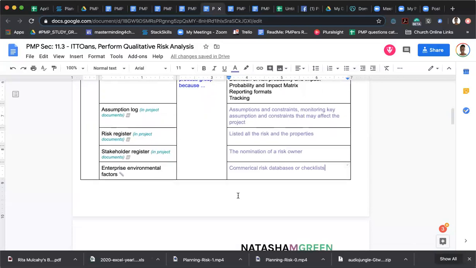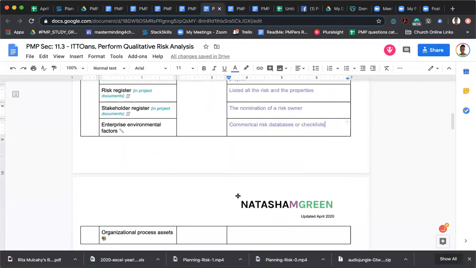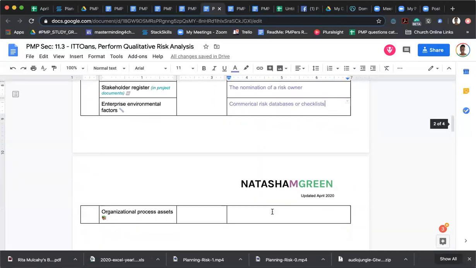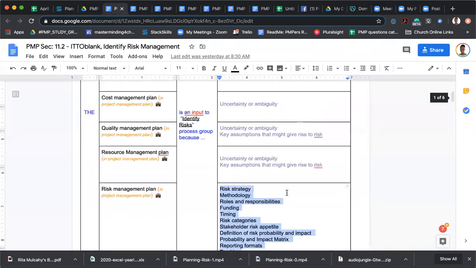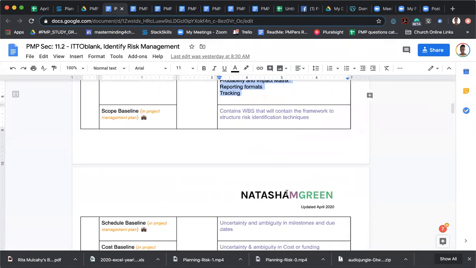EEFs could span all types of things if you let them. And the OPAs we talked about yesterday, again, are specifically to do with repositories.